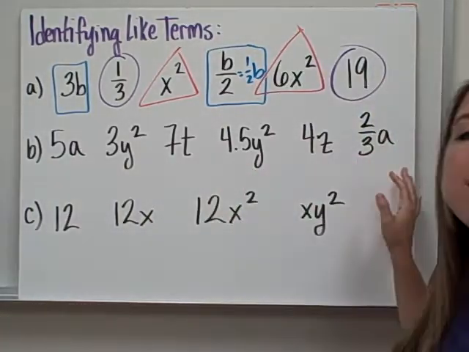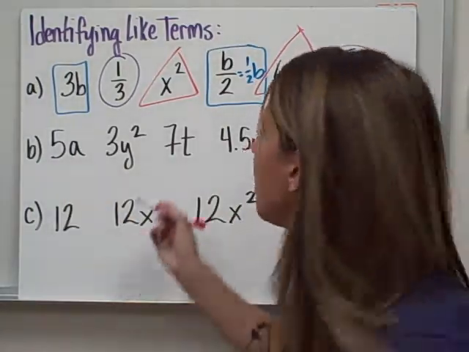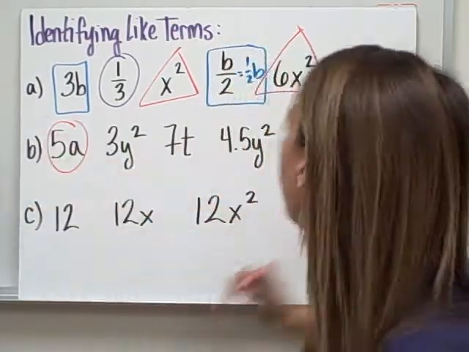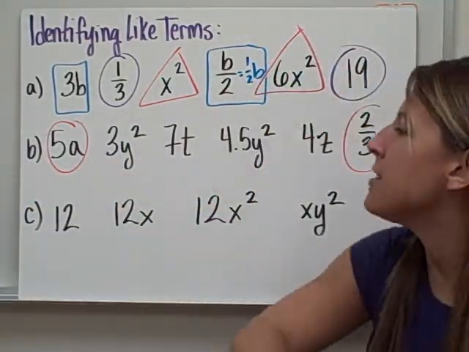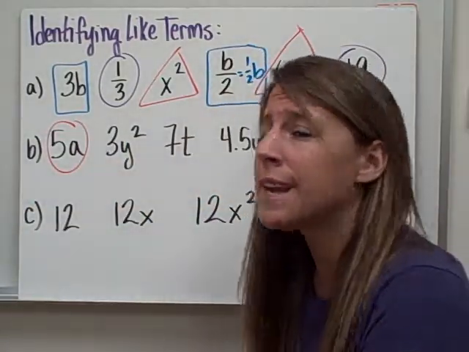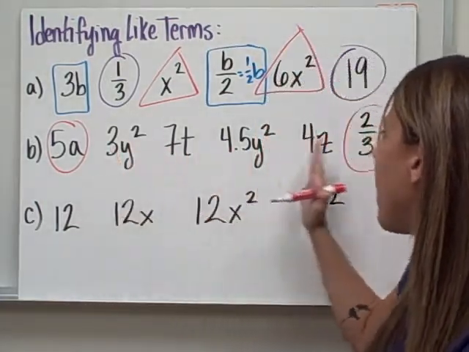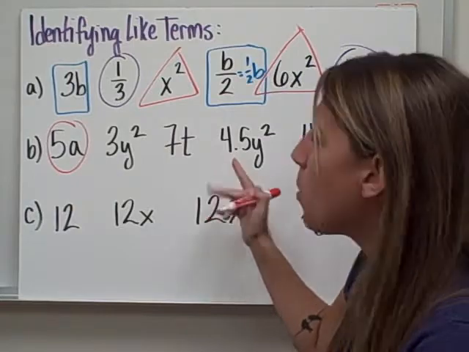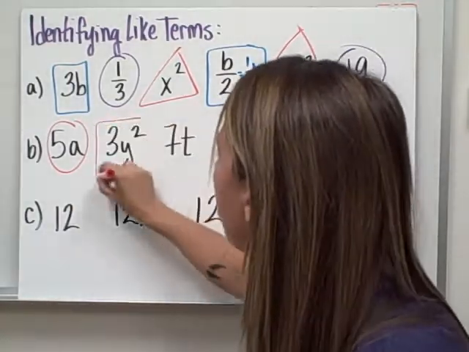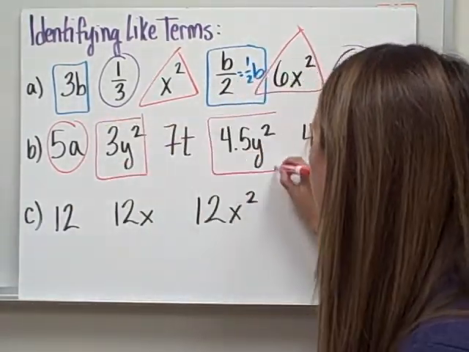Lo and behold, 2/3 a. They are like terms, so I'm going to say 5a and 2/3 a are like terms. I'll move on to my next term. 3y squared, I'm looking for any y squareds, and here is one, 4.5y squared, so I'll box those in.